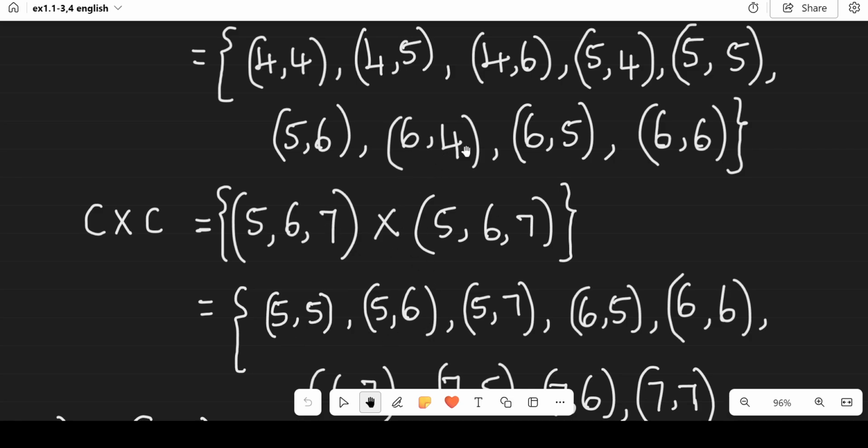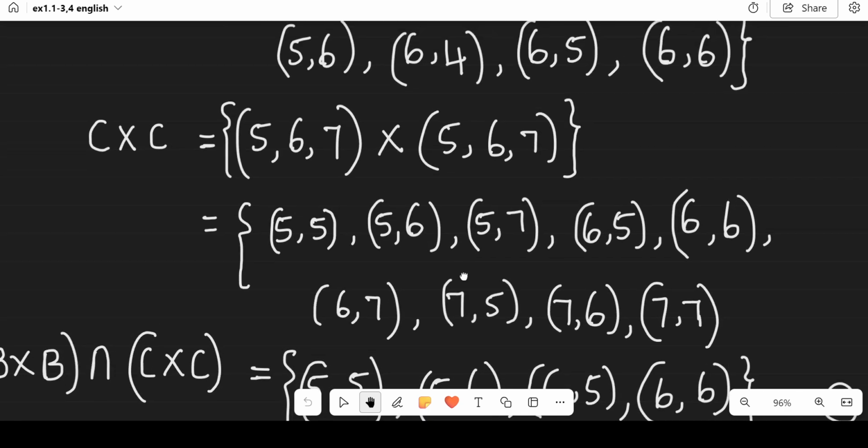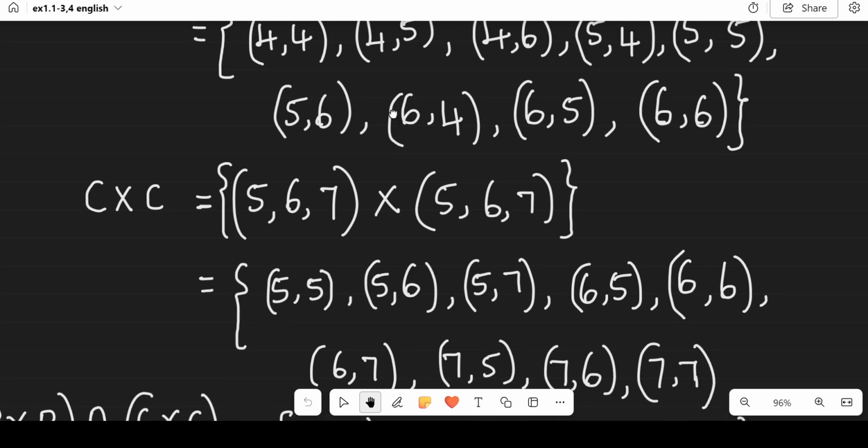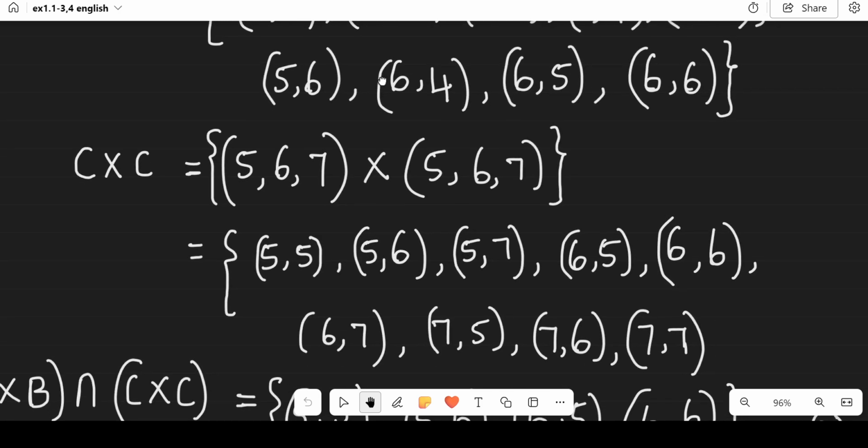Next, check out the next value (6,4). No, C cross C doesn't have (6,4). Next, check out (6,5). Yes, (6,5) is here in C cross C. And then check out the next value (6,6).